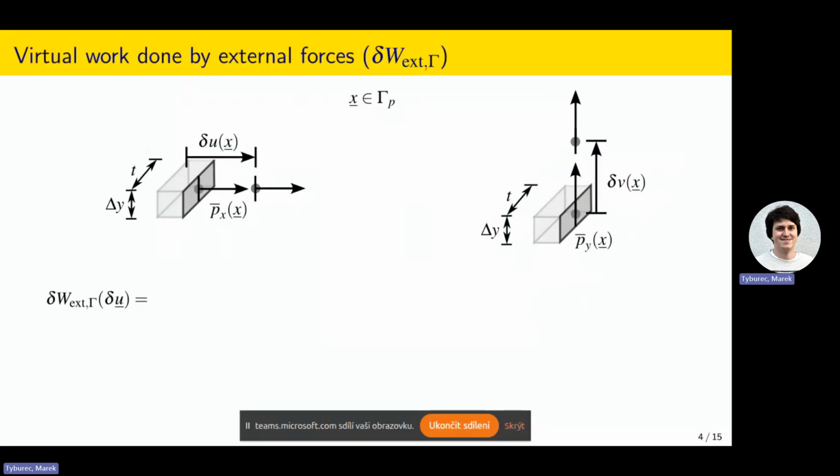So by delta u underline, I mean a vector of delta u and the virtual displacement v, to simplify the notation. For the setting in the figure, we also need to find the value of the forces and the displacements.